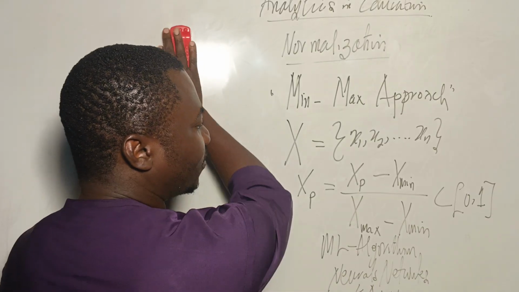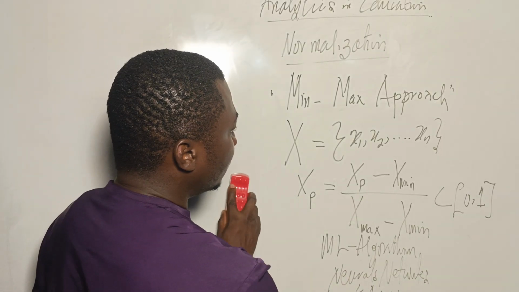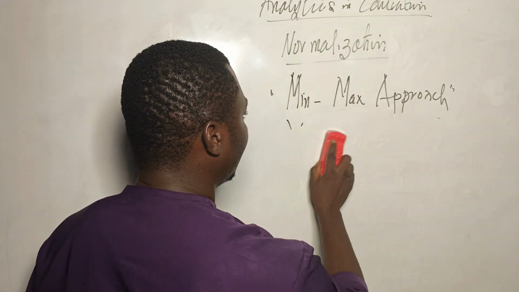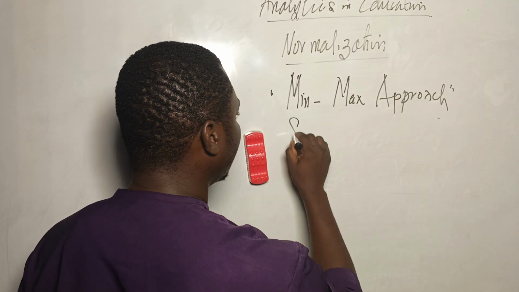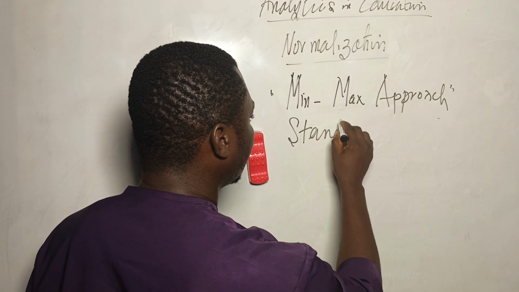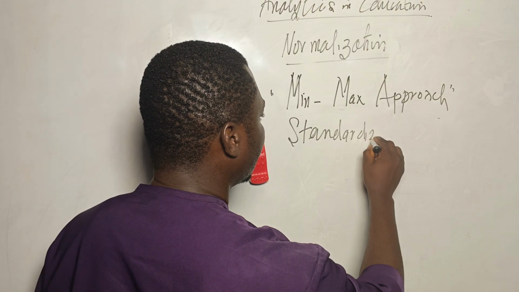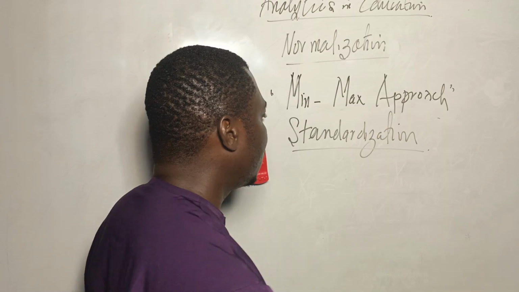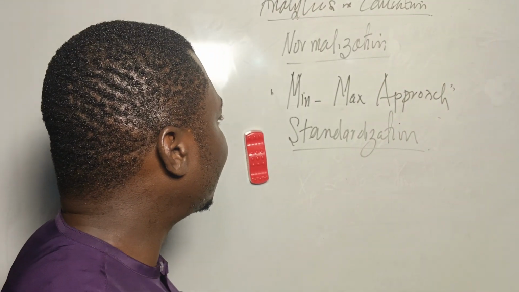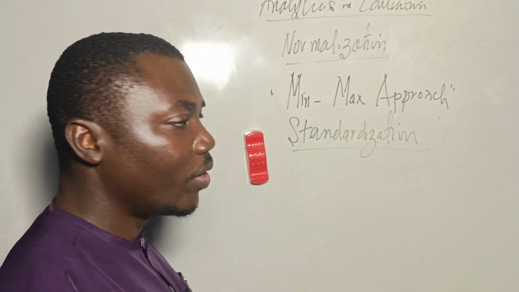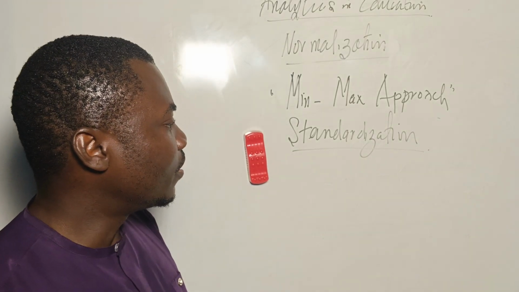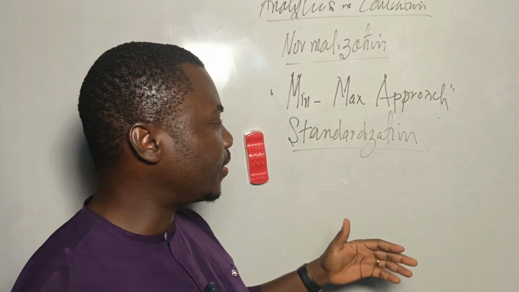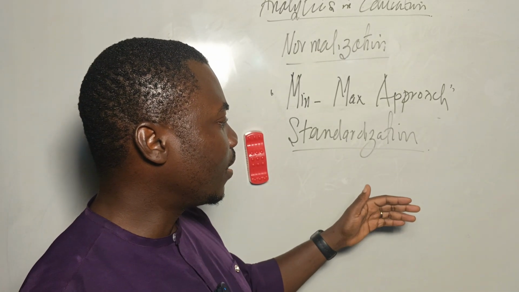So this is the approach that you use for machine learning analytics. Then the second one that we are going to consider is called standardization. The standardization process is a way of rescaling your data such that you will be able to see how spread the data point is from the mean.